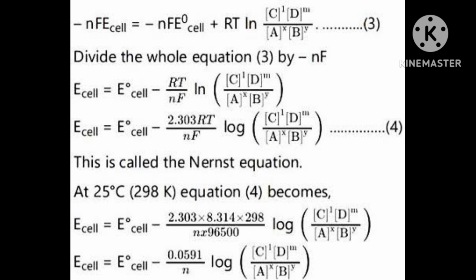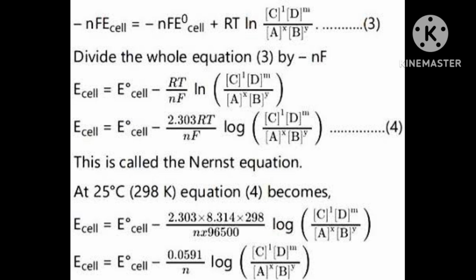Reduced state means after taking the electron it is converting to metal, like Cu2+ plus 2e converting to copper metal. So Cu2+ oblique Cu is the reduced state, and the oxidized state means Zn converting to Zn2+ plus 2e.